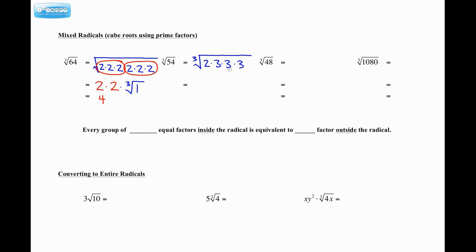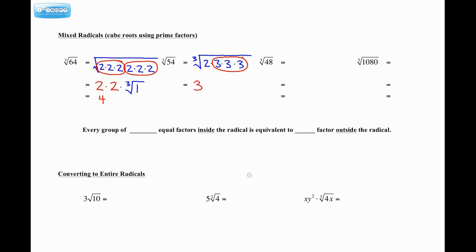Because 3 times 3 times 3 is 27, and 27 times 2 is 54. So all these numbers multiplied together is 54. But I'm trying to find a cube root, so I want to find groups that have 3 of the same. And we do. So 3 factors of 3 becomes 1 factor of 3 outside.